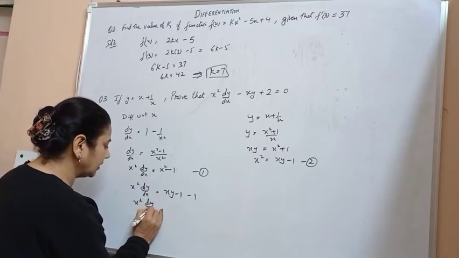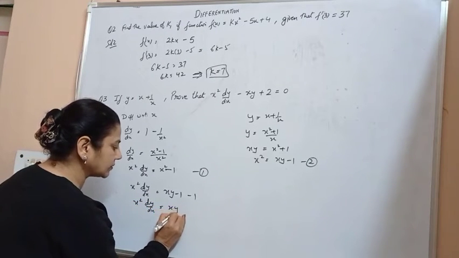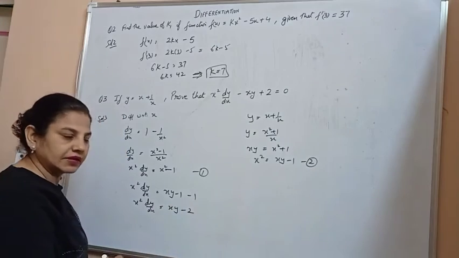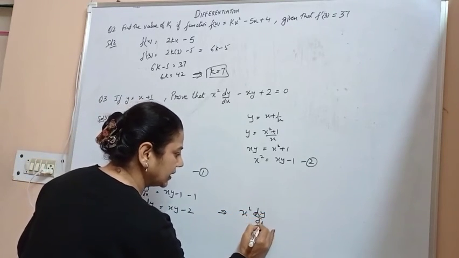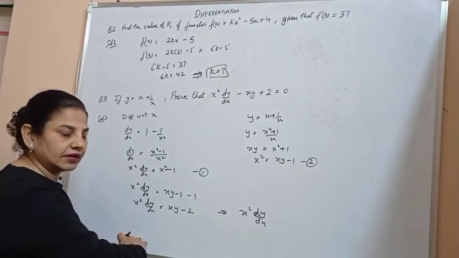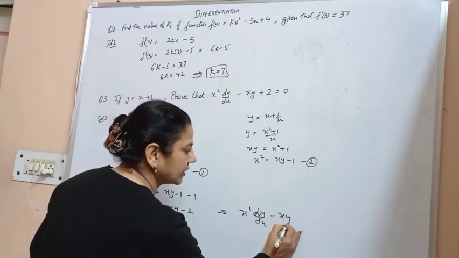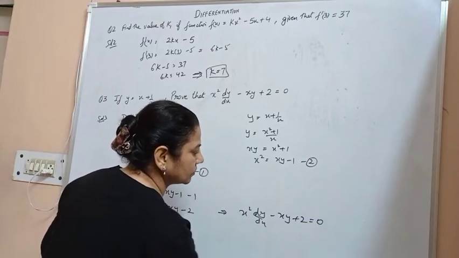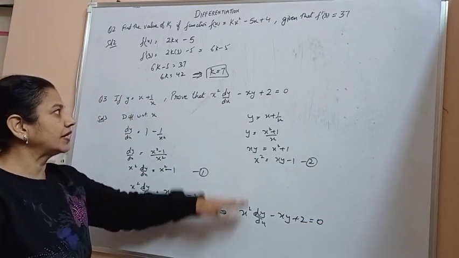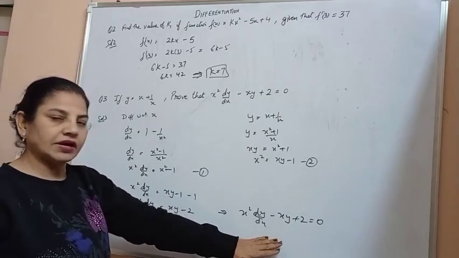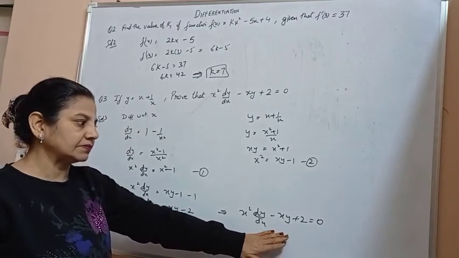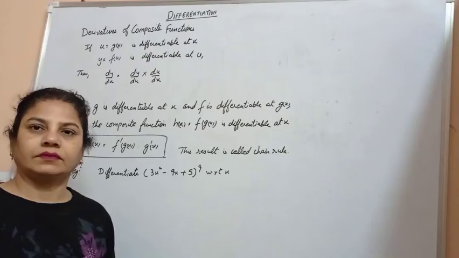So I have x square dy by dx is equal to xy, minus 1 becomes minus 2. This implies x square dy by dx, taking everything to the left hand side, minus xy plus 2 is equal to 0. So this is my required equation. This is what I had to prove: x square dy by dx minus xy plus 2 equals 0.